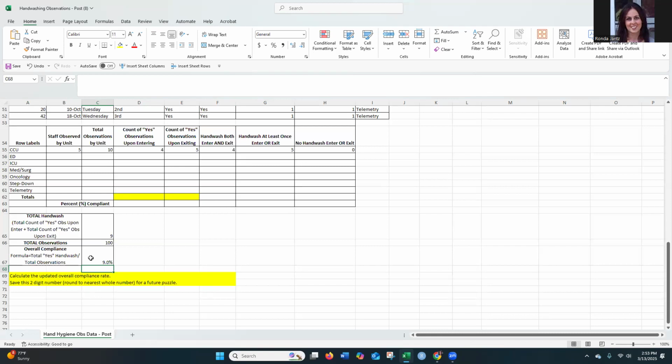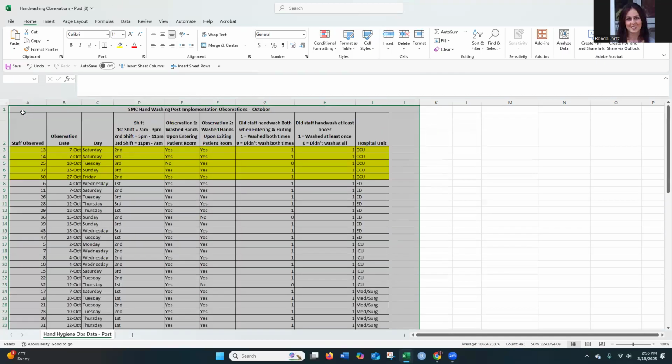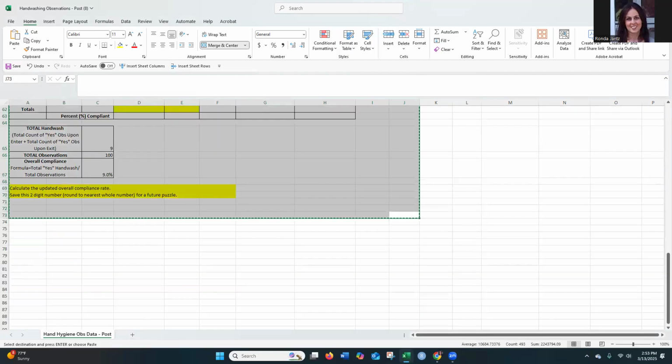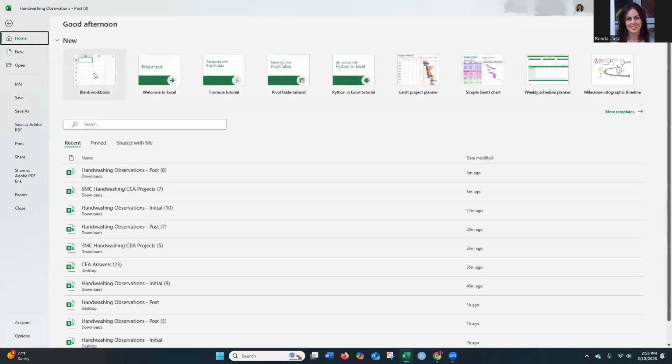Another thing I recommend is when you submit these files, you'll have to submit 3 files: the hand washing initial, hand washing post, and the CEA projects. So I recommend, instead of submitting 3 files, so that you don't have trouble getting back into them, copying and pasting each file out, then opening a new Excel file and pasting them all into the new file.